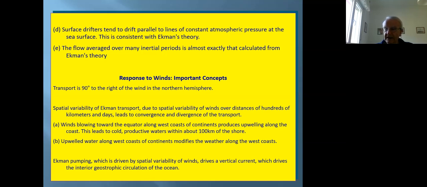But the other thing, which is also extremely important, is that if you bring the deeper layer water to the surface, you're bringing nutrients.